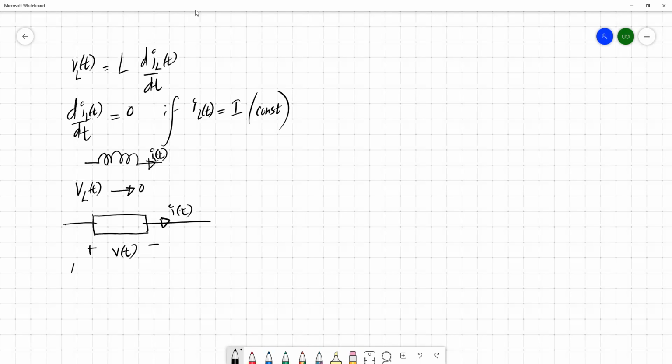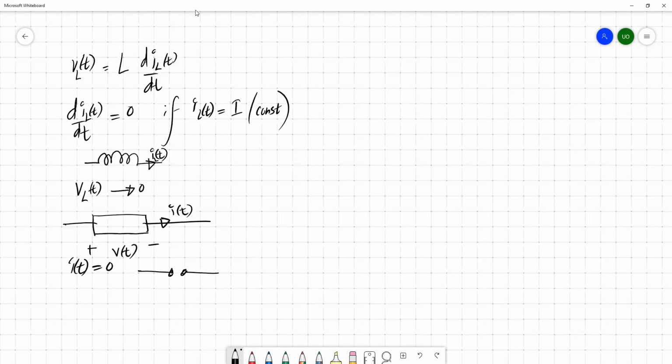What happens if you simply say that i(t) equals zero? The current flowing through this unknown element is zero, which means the element acts as an open circuit element. That's why you don't see any current flow.